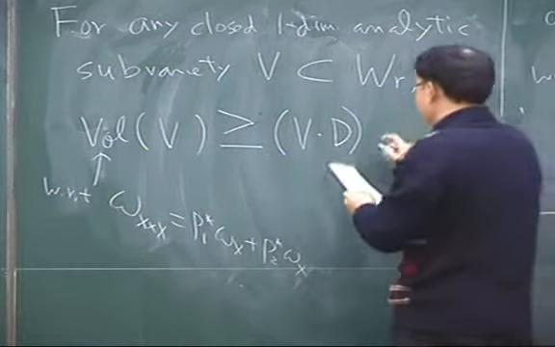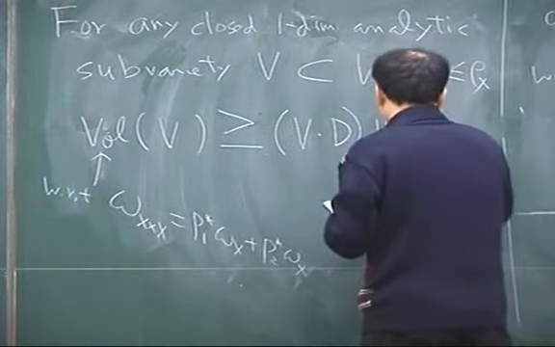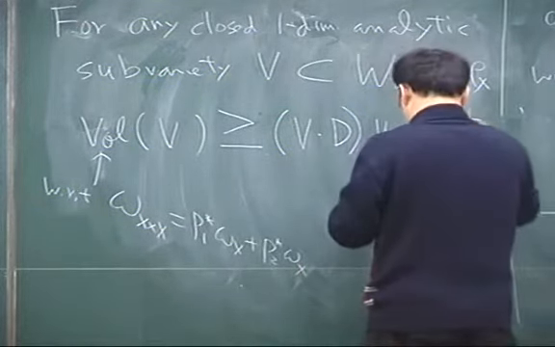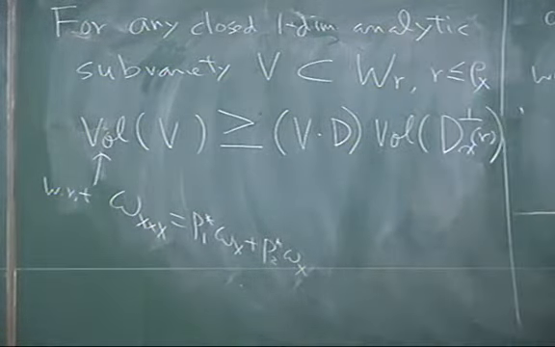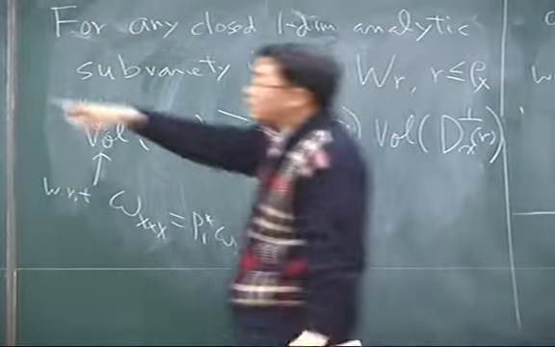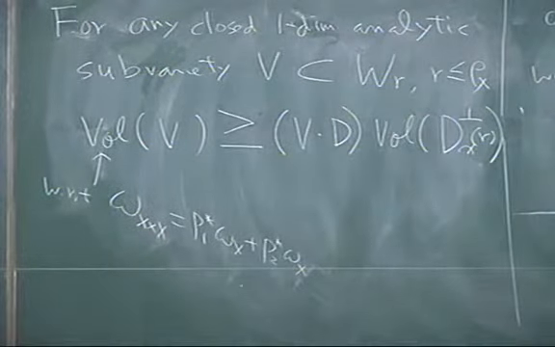The minimum volume is exactly the volume of the anti-diagonal. So that's the statement. In other words, the volume of this blue curve, counted with the intersection number, is at least as big as the volume of the anti-diagonal. That's what it says.